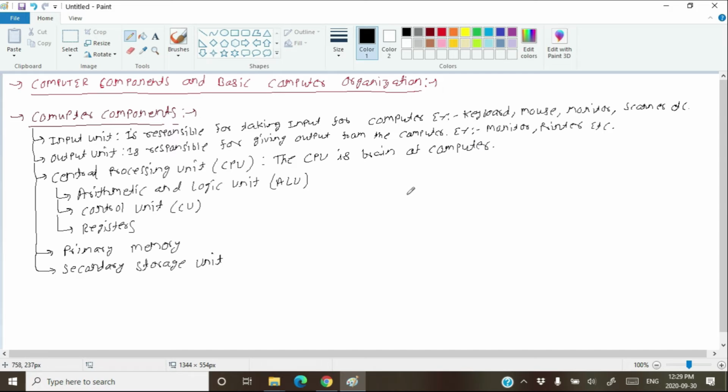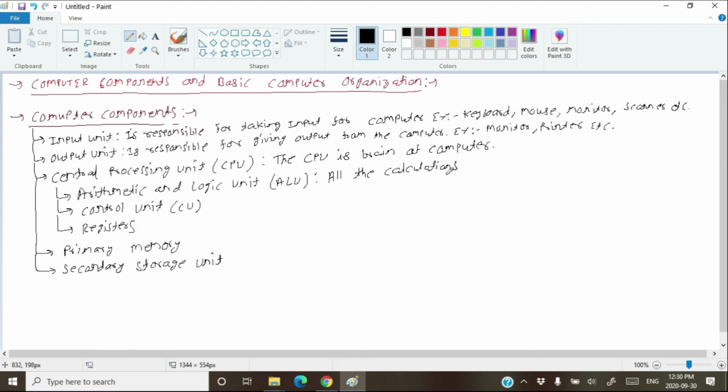There are three parts of the CPU. One is called arithmetic logic unit. All the calculations, either arithmetic, meaning numerical calculations, or logic calculations, happen in this ALU. Logical calculations means if something is greater than or less than something else.